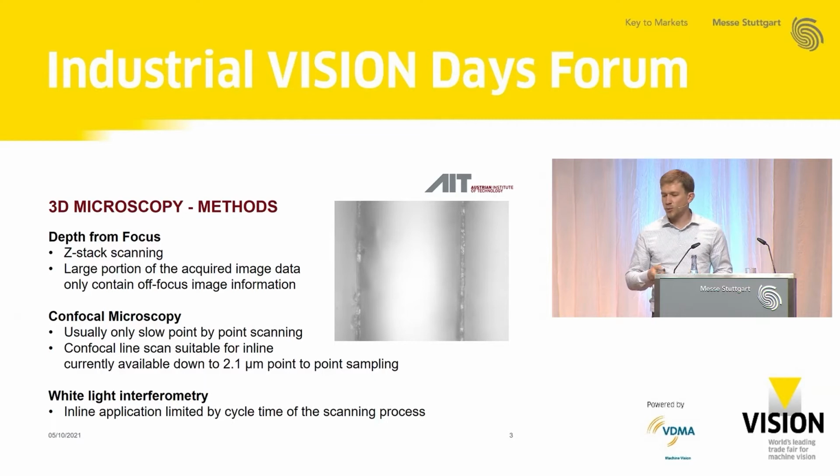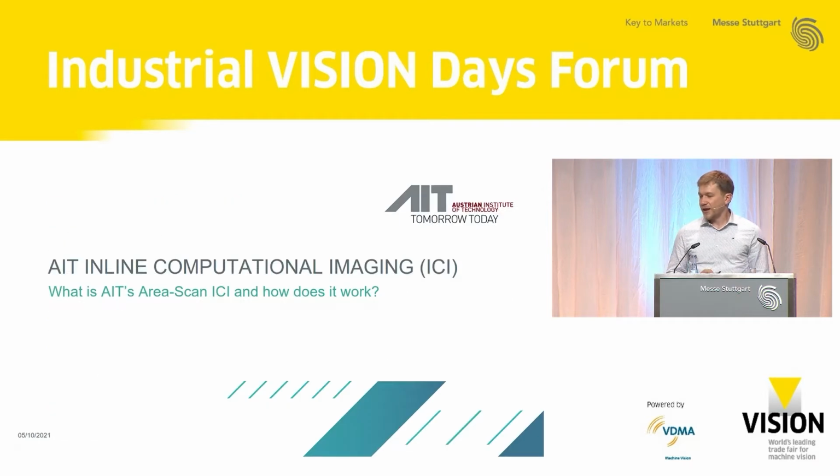And also white light interferometry would be a possibility, but still you need here a scanning process for the interferometer, and this still requires that the object stays still for the inspection, and it can't be easily implemented in a non-stop continuous motion process.